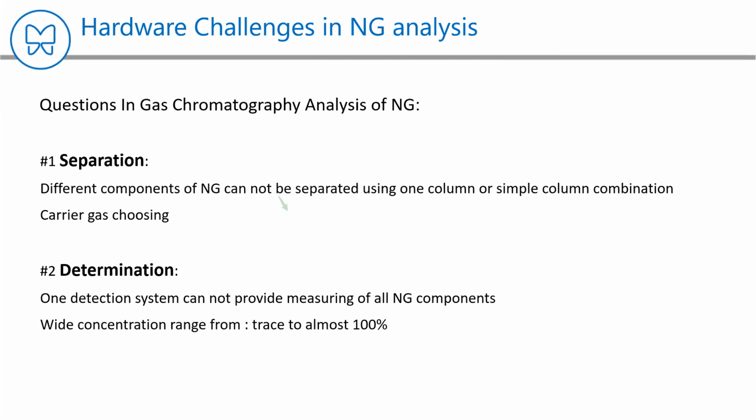Here, the first problem is the separation of natural gas components. Natural gas, if you remember, contains many different compounds. And these compounds are very different, and we cannot separate them easily using one column.